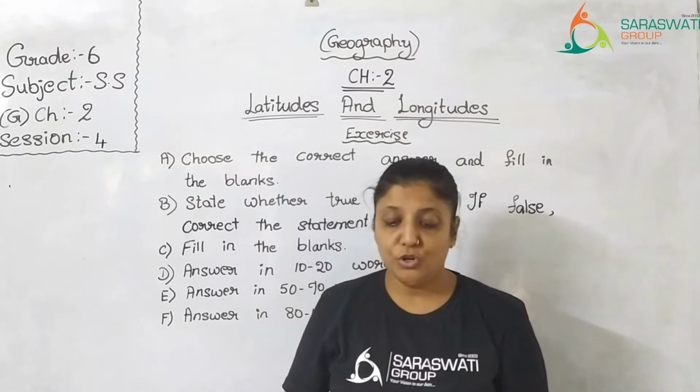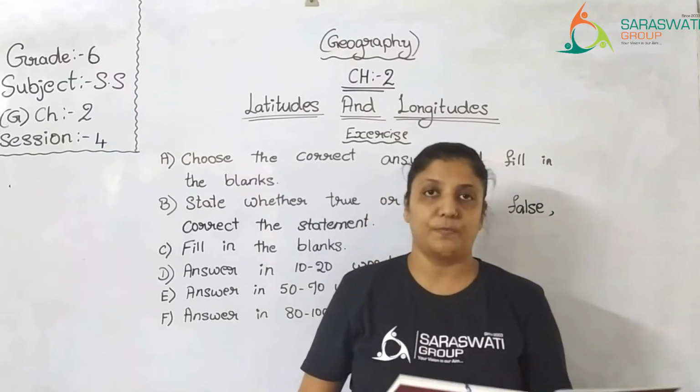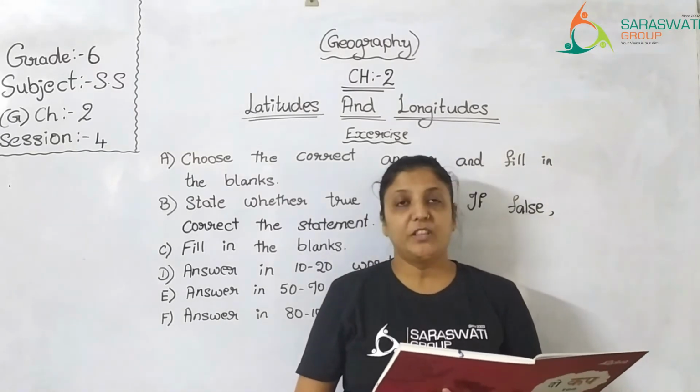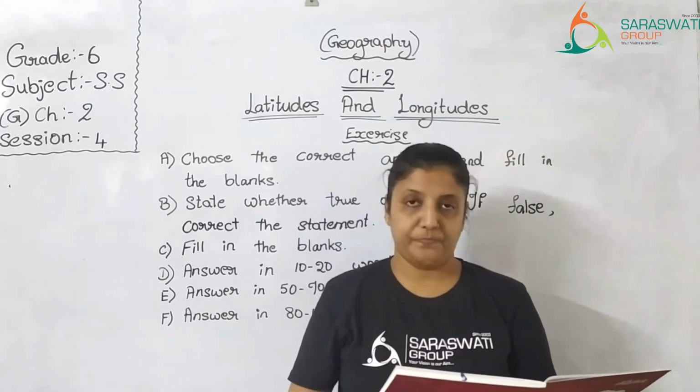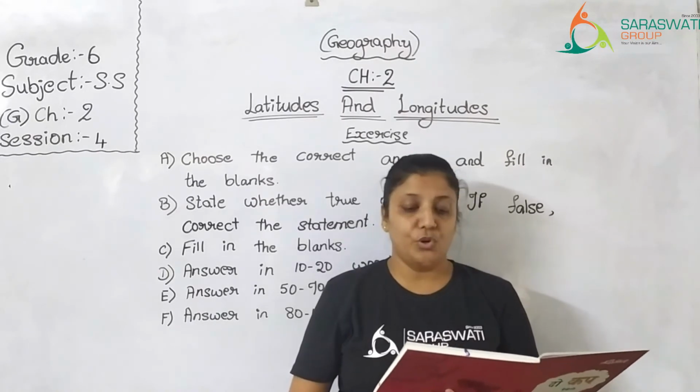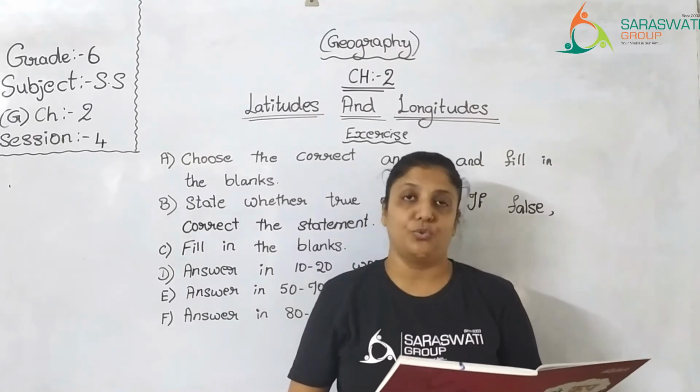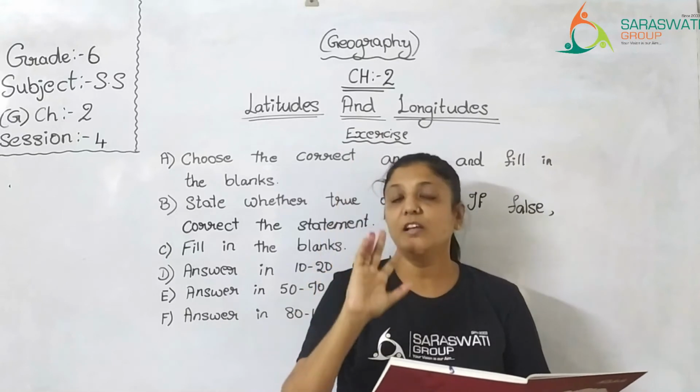The hottest zone of the earth is the torrid zone, which lies between the Tropic of Cancer and the Tropic of Capricorn. The coldest zone of the earth is the frigid zone. So first we wrote regarding the hottest zone.